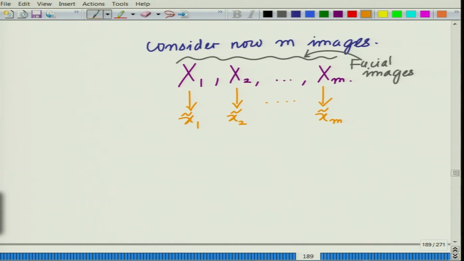And then the question we want to ask is, given a new image, a new facial image x tilde, how to recognize this?